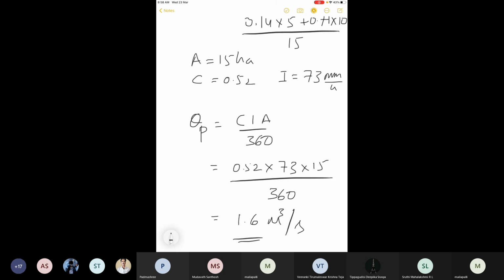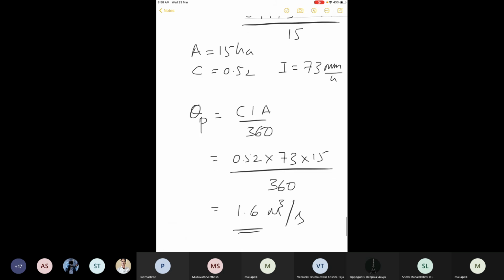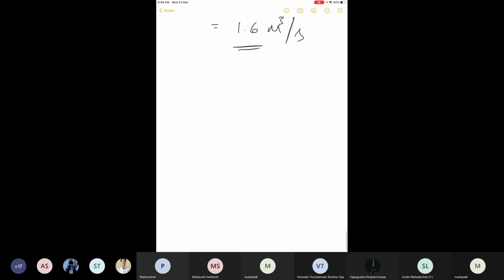And then the next method in finding out the QP is the SCS curve number method. So the second method to find the QP is the SCS curve number method.